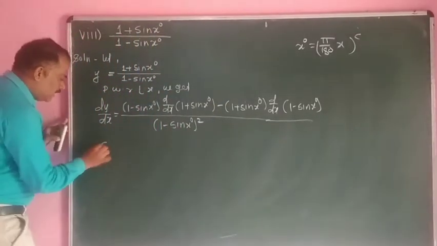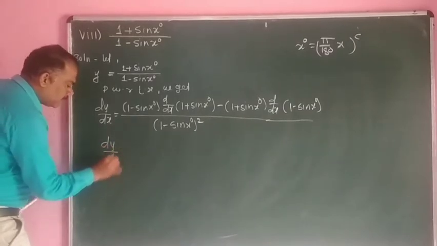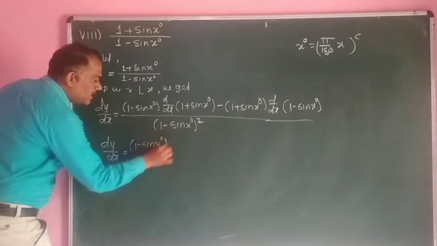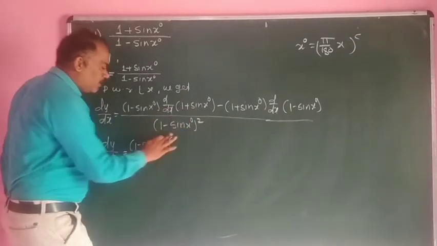So dy by dx is equal to (1 minus sine x degree) into, what is the derivative of 1?